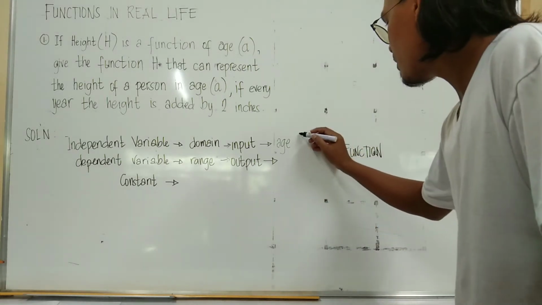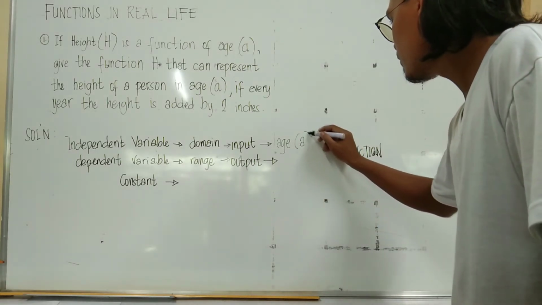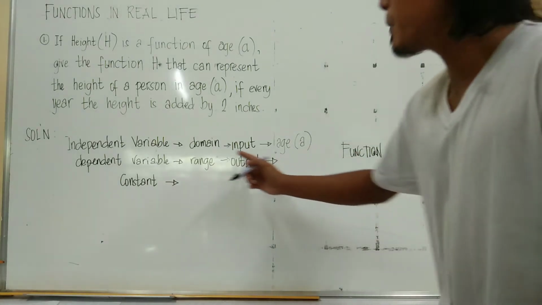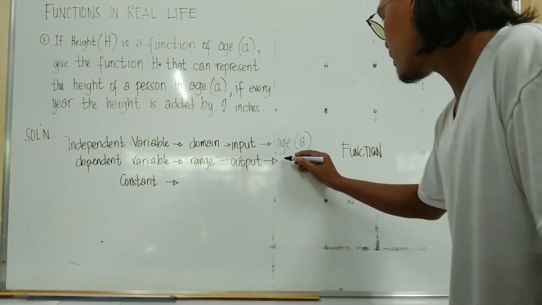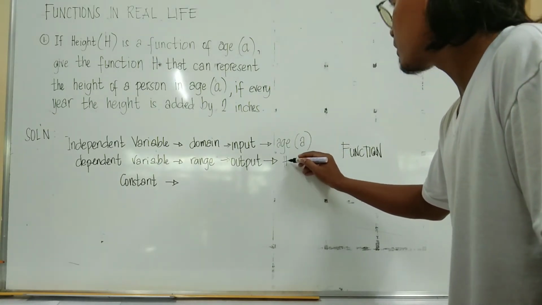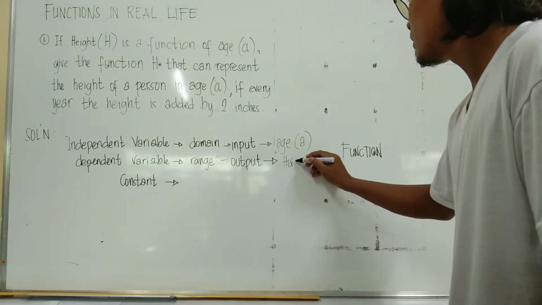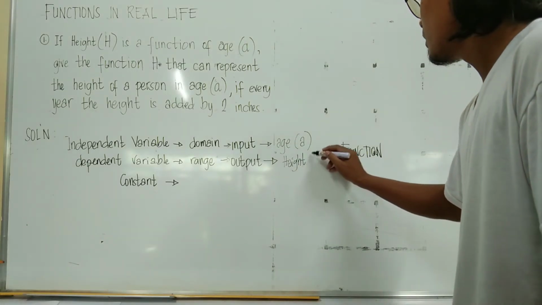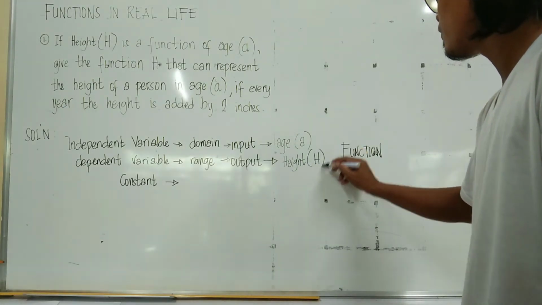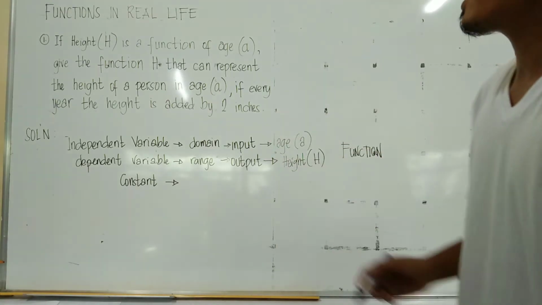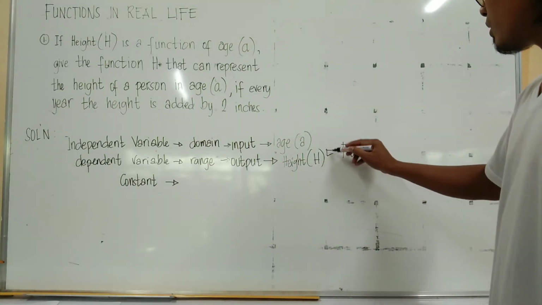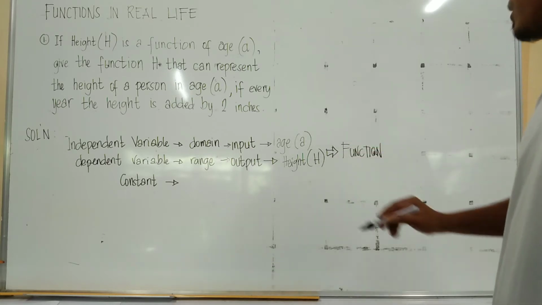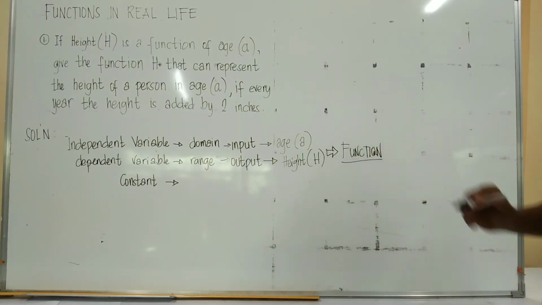So age is denoted by a, and your dependent variable, or range, or our output, is our height, and it is denoted by h as specified in our problem. And here we should formulate or construct the resulting function.